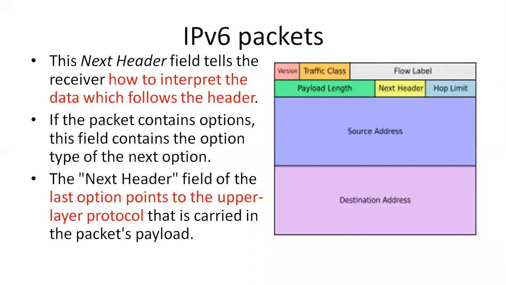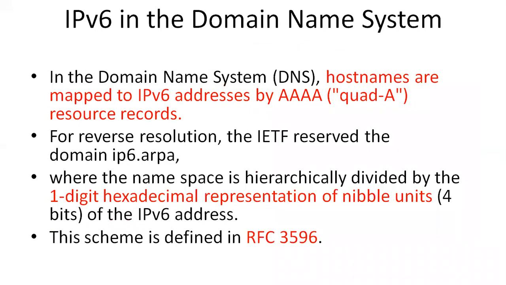If the packet consists of options, this field contains the option type and the next option. The next header field of the last option points to the upper layer protocol that is carried in the protocol data. That means these are all different information.